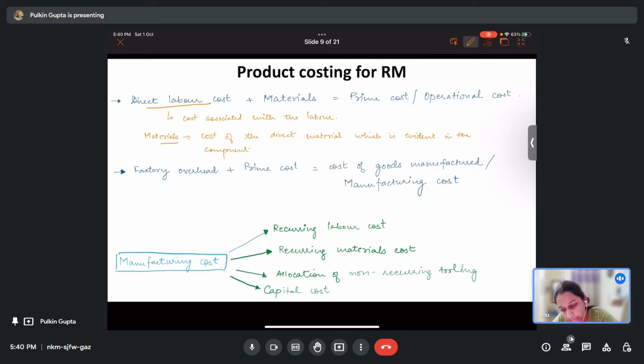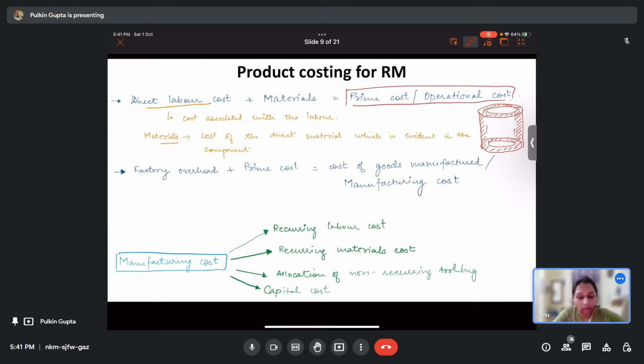So for example, you have developed this hollow cylinder. Now the amount of material that is visible in the final product, the cost of that and the cost of the labor associated with manufacturing this, forms your prime or the operational cost.